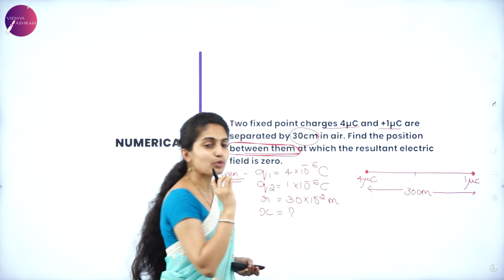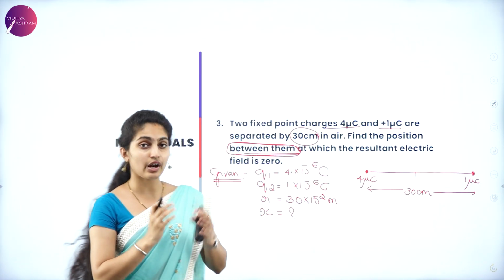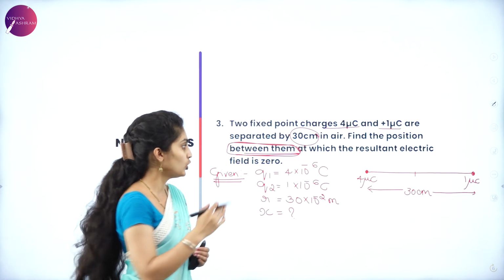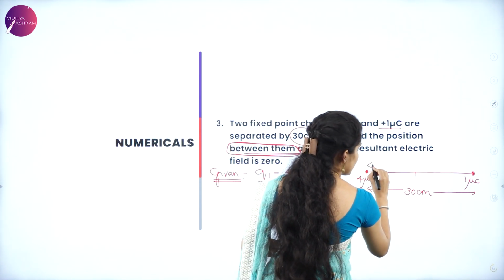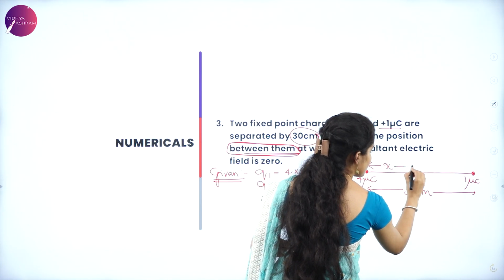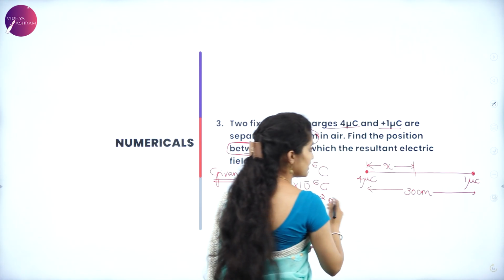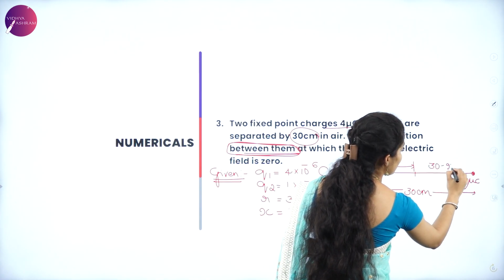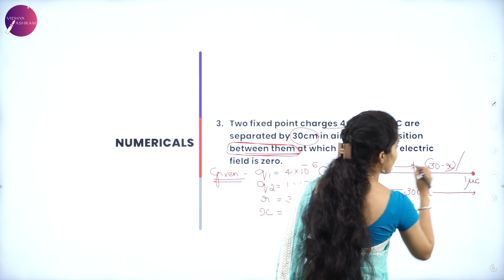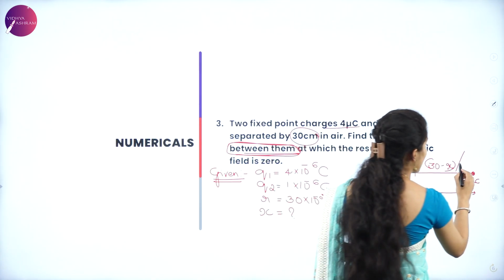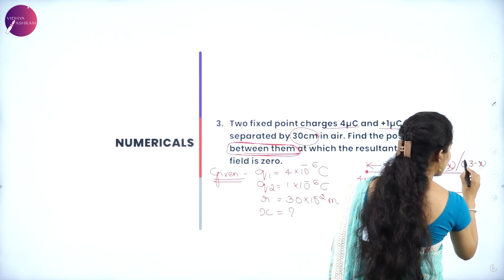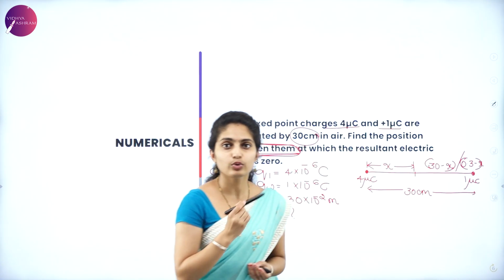We don't know, some position is present over there, that is a rough sketch where exactly your electric field E is said to be 0. So this distance we don't know, so it can be considered as x distance, and from here to here it can be considered as 30 minus x, or else it can also be considered in meters as 0.3 minus x. So this is the value.